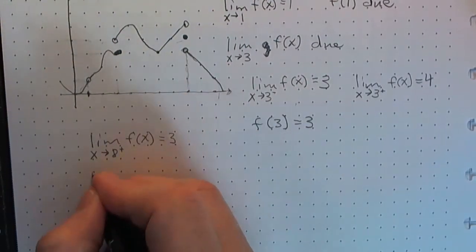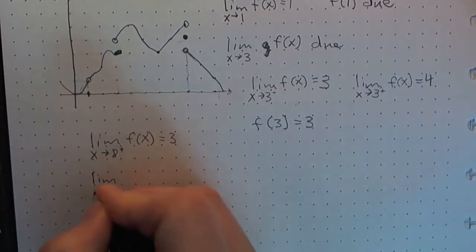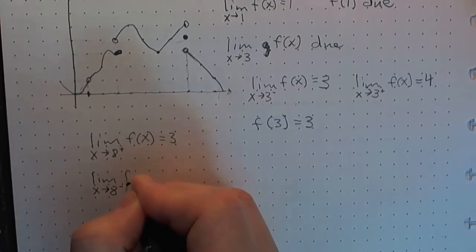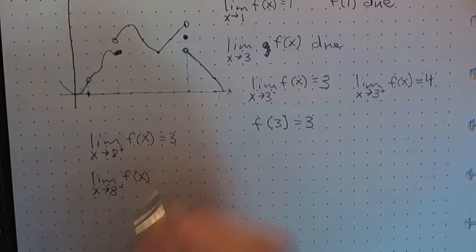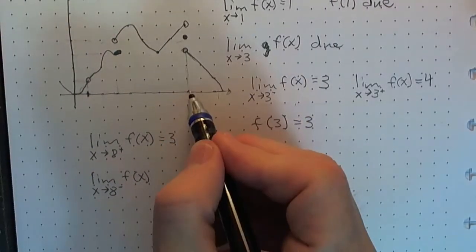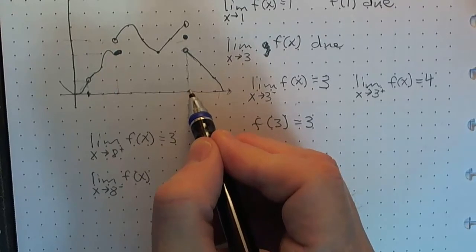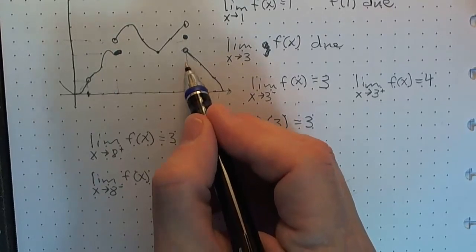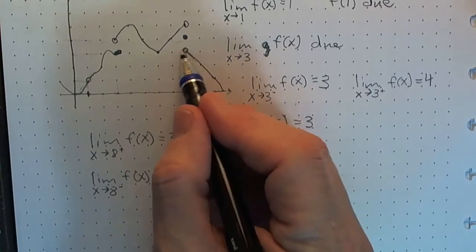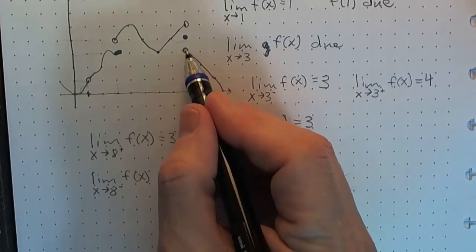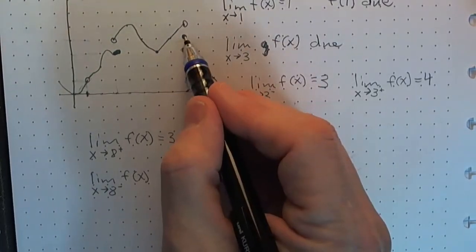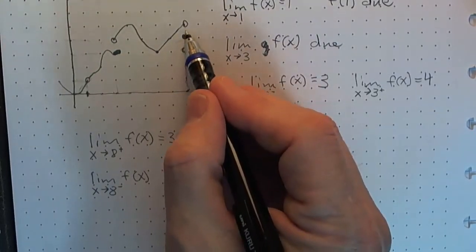Now let's try the limit as x goes to 8 from the left. Okay. As we approach from the left, let's see what happens. So I put my pencil here, and I'm going to move it up until I hit graph where I can move my pencil to the left. In other words, where I have graph to the left. Not here. I have to keep going. Not here. Yeah, there's graph right there, but none to the left. So I keep going.